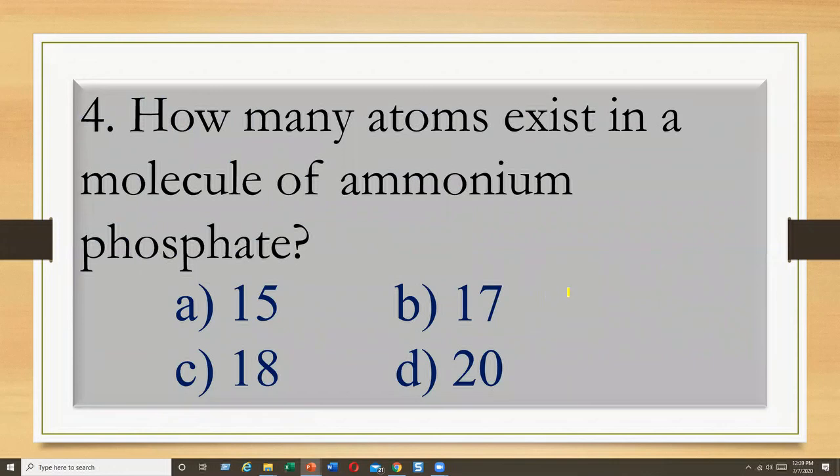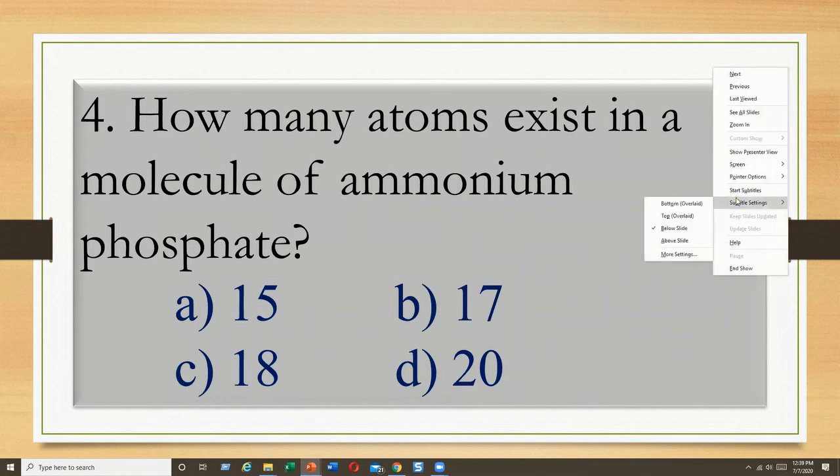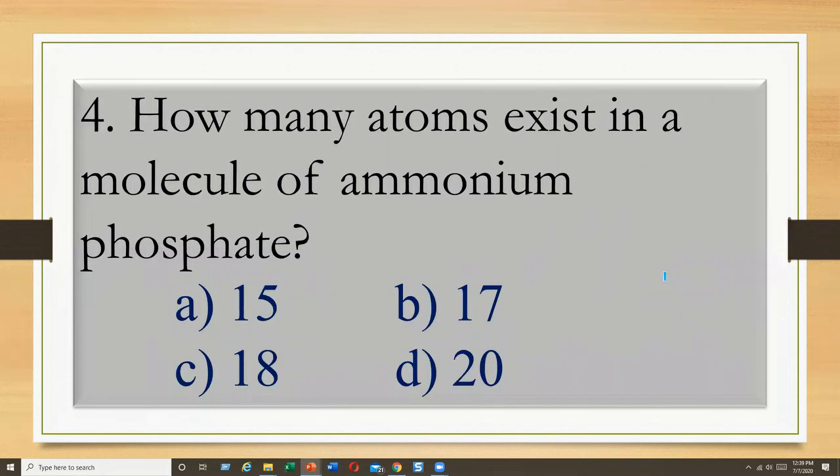How many atoms exist in a molecule of ammonium phosphate? First of all, you need to write down the formula of ammonium phosphate. Ammonium is NH4. Phosphate is PO4, which is 3 minus.